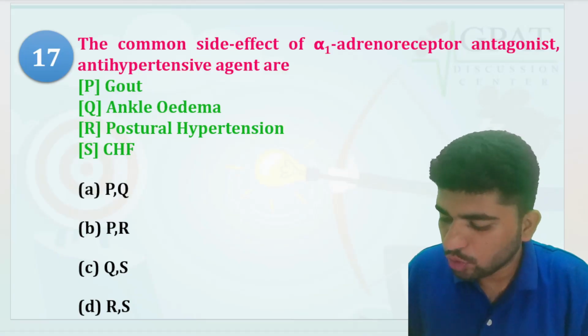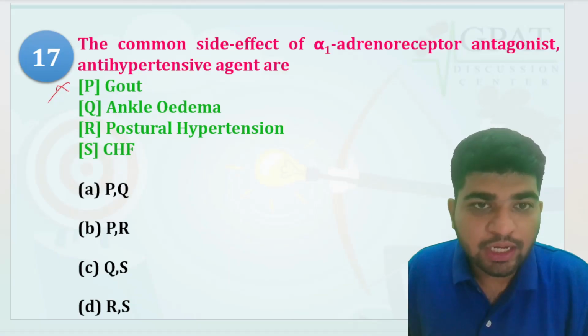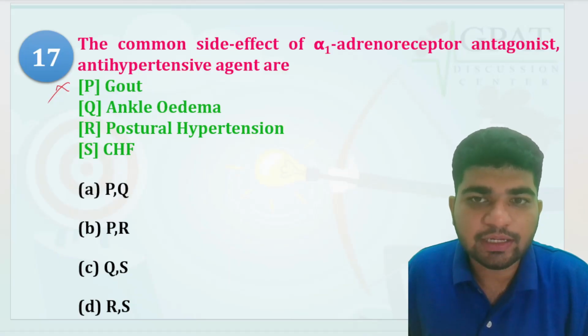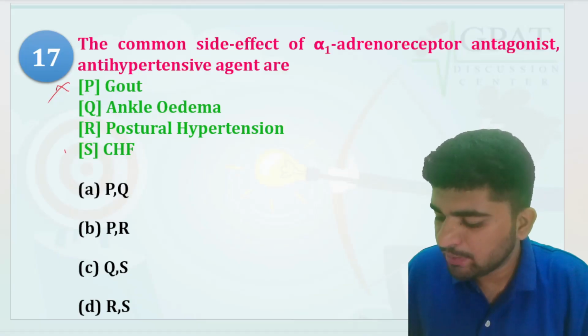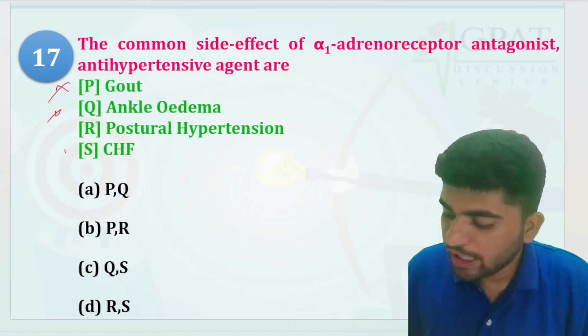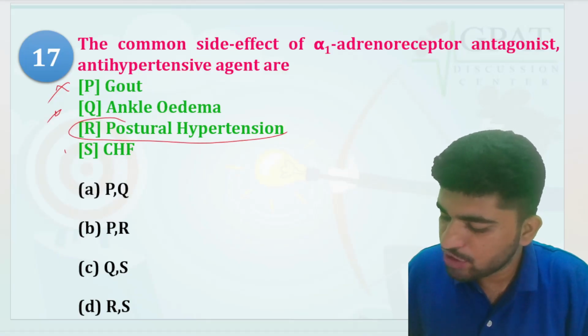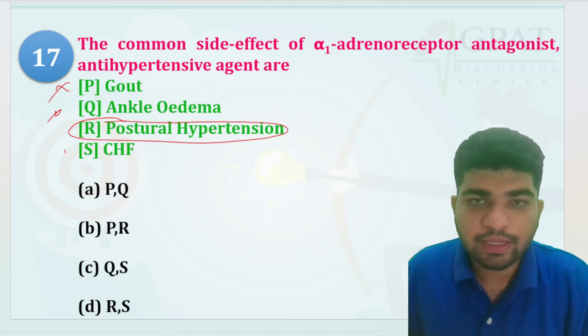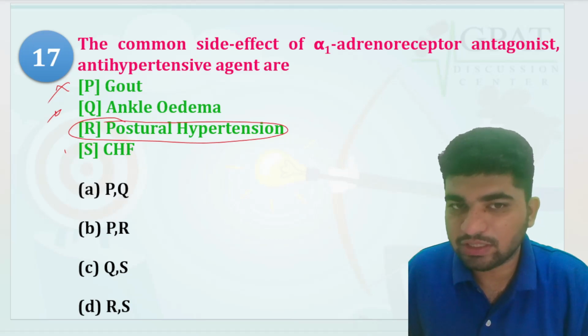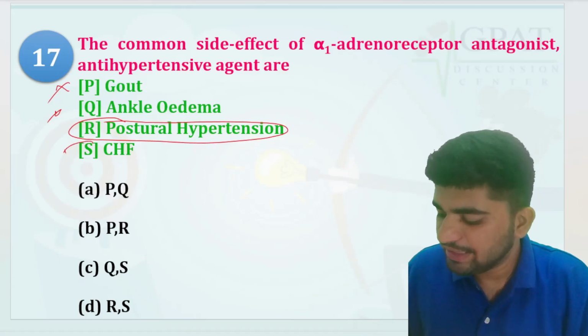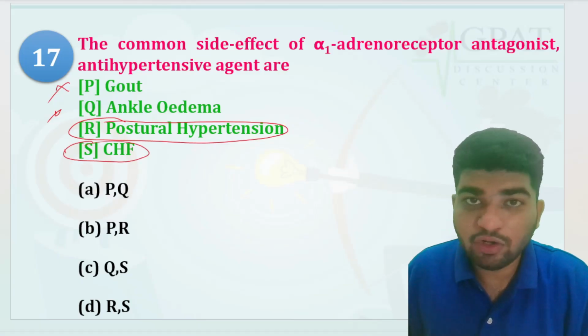Gout is not a side effect of alpha 1 antagonists. Ankle edema, no. Postural hypotension, yes, is one of the major side effects of this antihypertensive agent, an alpha 1 receptor antagonist. CHF, yes.